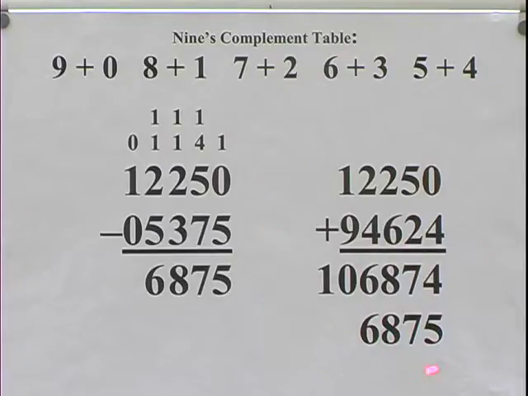Subtraction by addition is the easiest for one fundamental reason. Addition is much easier to do than subtraction. As a matter of fact, addition is the easiest operation to do in arithmetic.